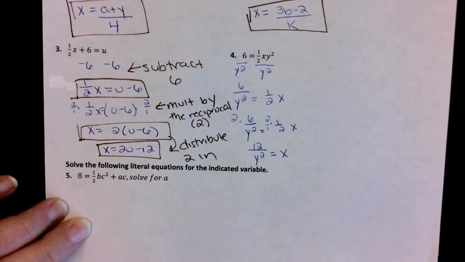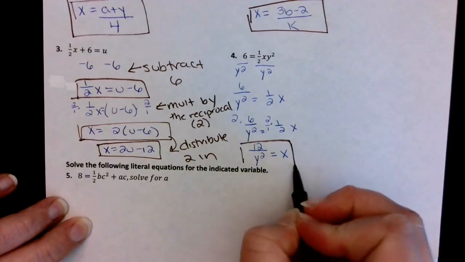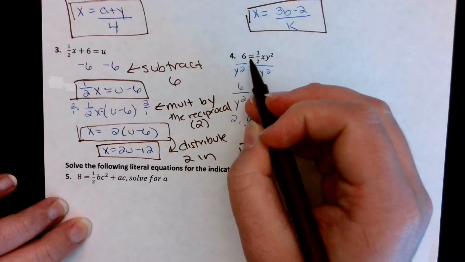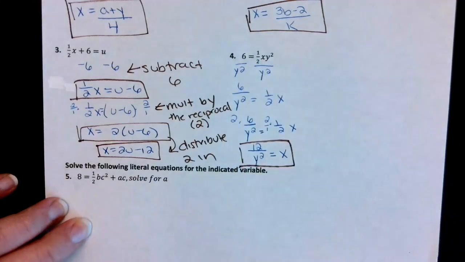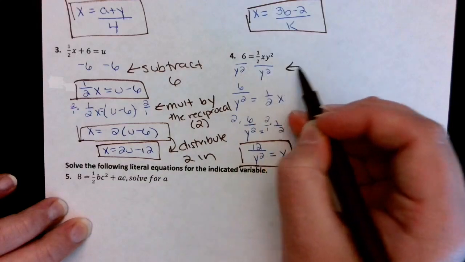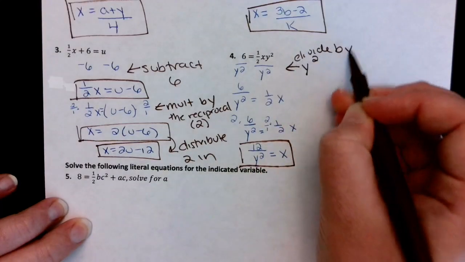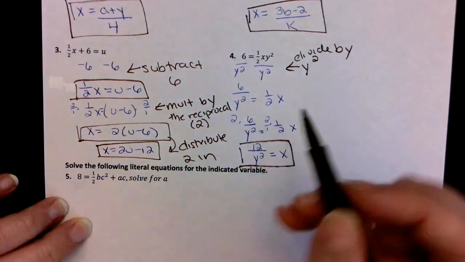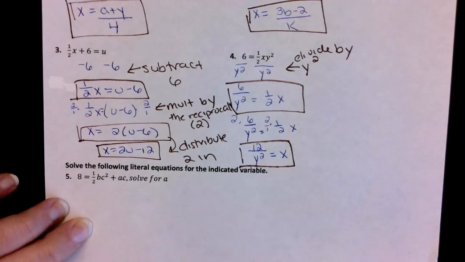In number 4, my goal again is to get x by itself. And if we notice, we read this as 6 equals 1/2 times x times y squared. The first thing I'm going to do is divide both sides by y squared, since again the inverse of multiplication is division. I now have 6 divided by y squared equals 1/2 x.